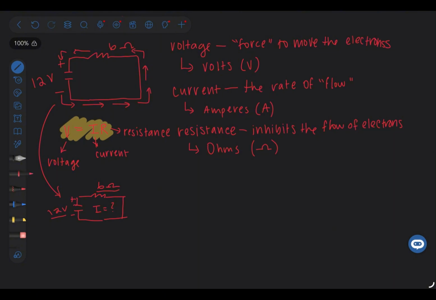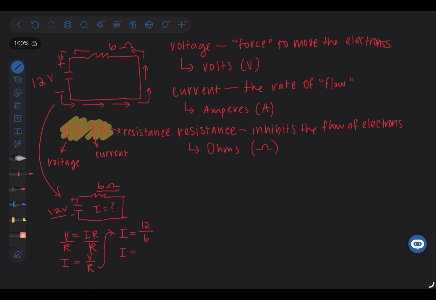So we're going to set up the formula, V equals IR, and we want to find I. So we're going to isolate it by dividing both sides by R. We get I equals V over R. So I equals the voltage, which is 12, divided by the resistance, which is 6.